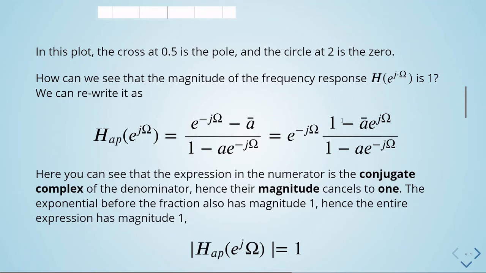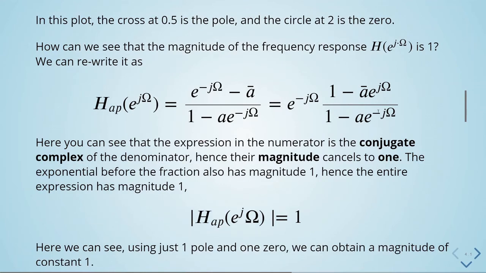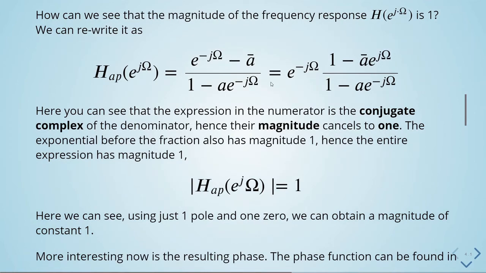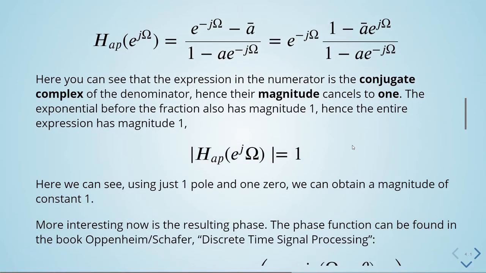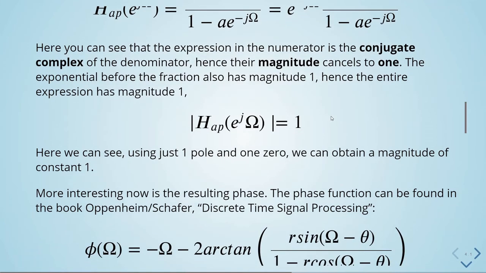We have here that the numerator is the conjugate complex of the denominator, so the magnitude cancels to 1, and overall the entire expression has a magnitude of 1. So we can see that using just one pole and one zero, we can obtain a constant magnitude of 1, and this is what we want for our all-pass filter.